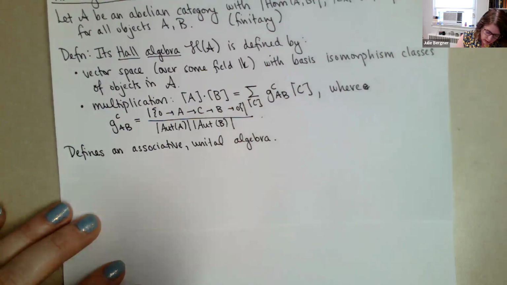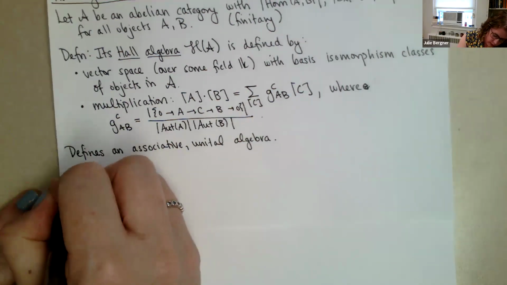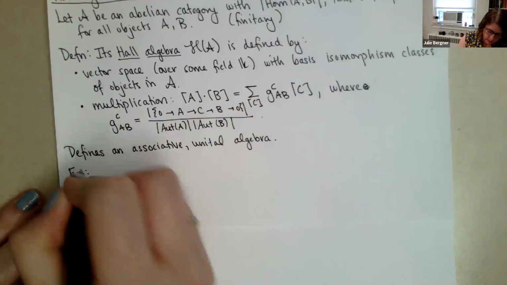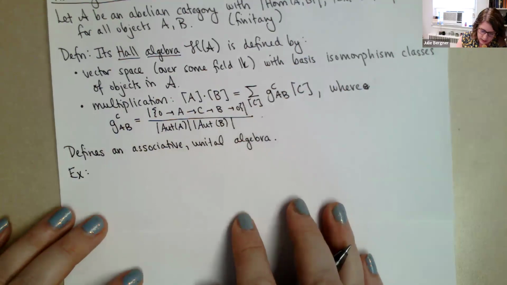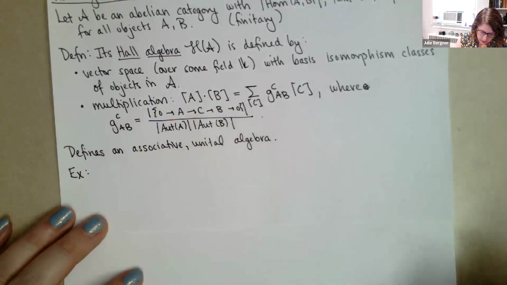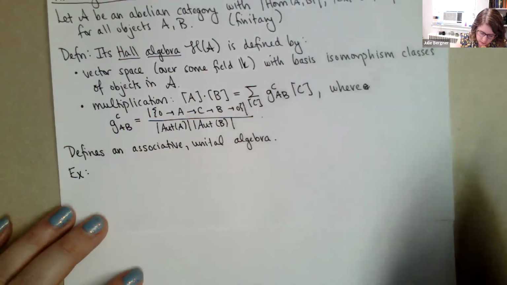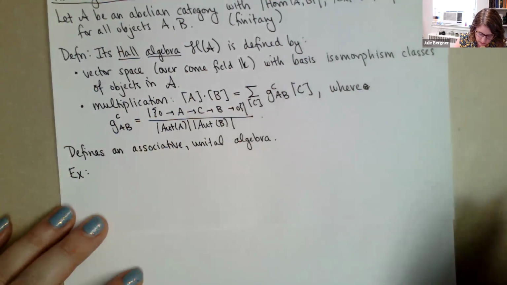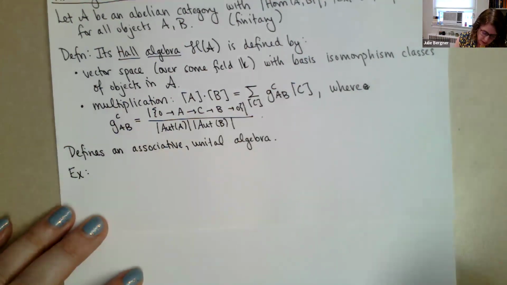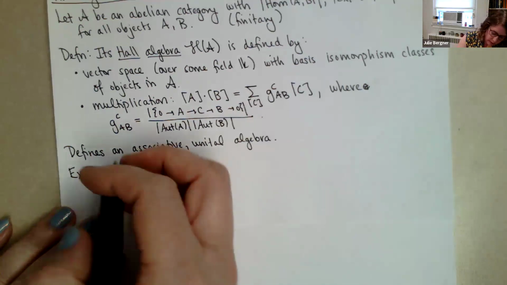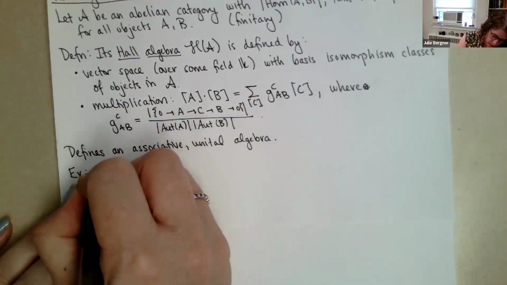But here's an example of why, I mean, these have probably been around for close to a century, but they became very interesting to people around the 90s for the following example.